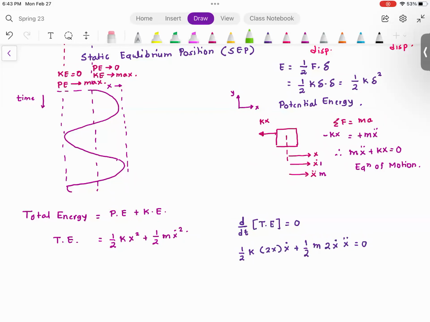And then the 1/2 gets cancelled, x dot, x dot. Can you see that finally you get kx plus mx double dot is equal to 0. Are you with me? So this is the exact same equation that we got from Newton's law. This is the total energy approach, also called Hamilton's approach.